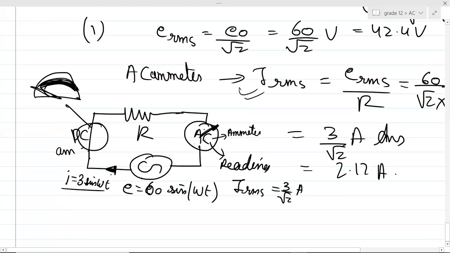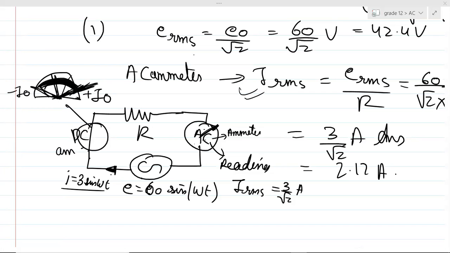Something like this. Are you getting my point? The DC ammeter will keep on going from one side to another side. So whatever value it goes to at the peak, that will be I naught. Is this clear? You can measure this I naught like this.